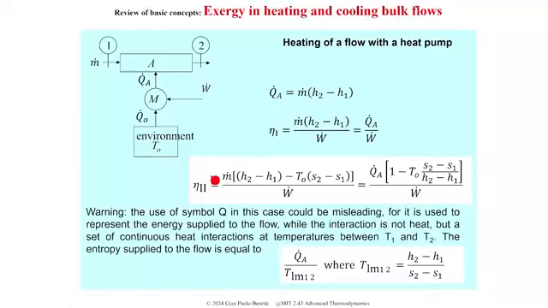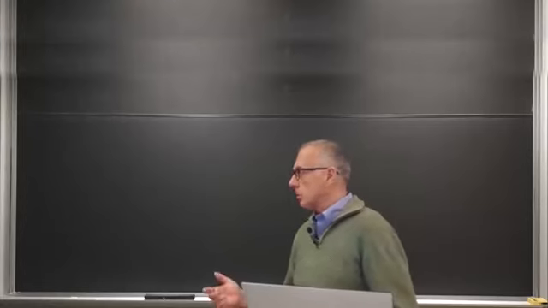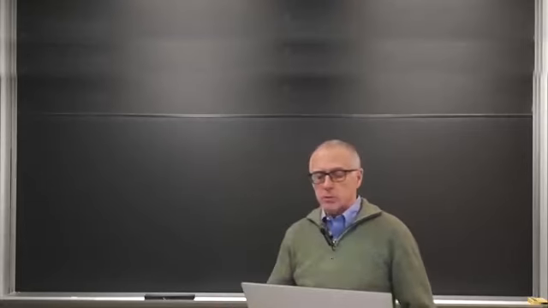And you can define a second law efficiency as the ratio of the exergy associated with the useful effect, which in this case is heating up this flow, so this is x2 minus x1, on the numerator, divided by the exergy of the resource that you've used, in this case, the work.